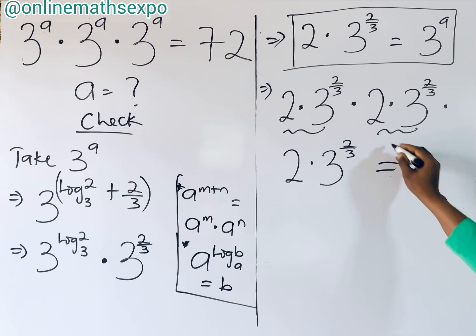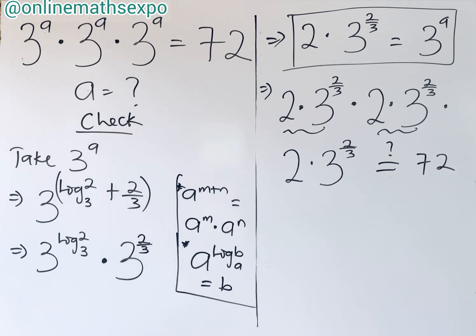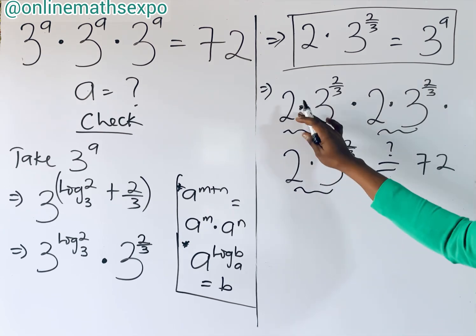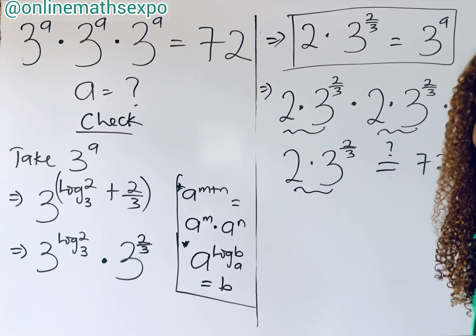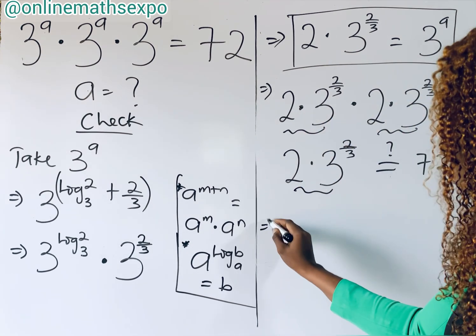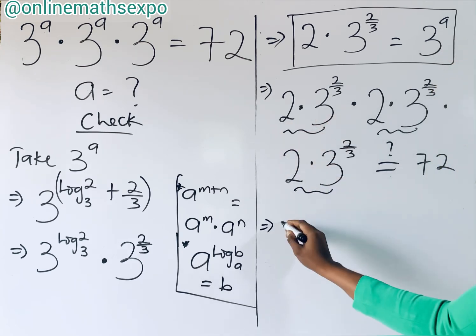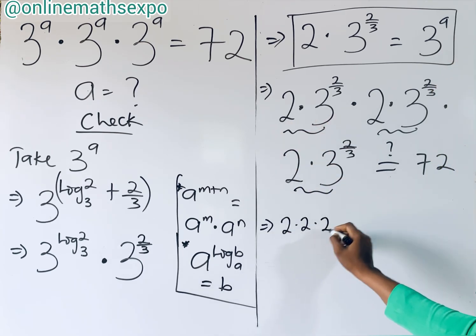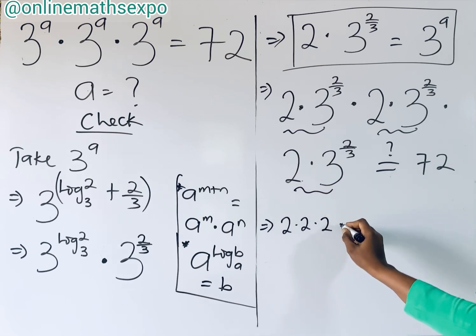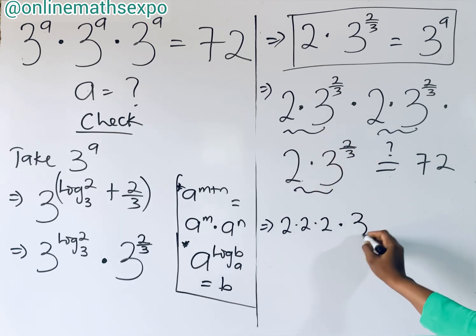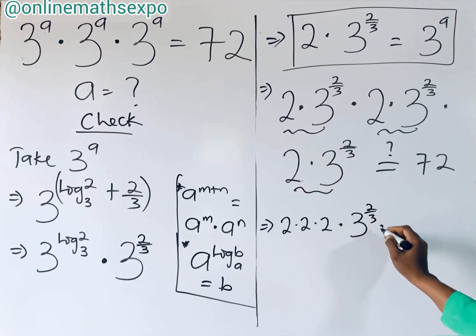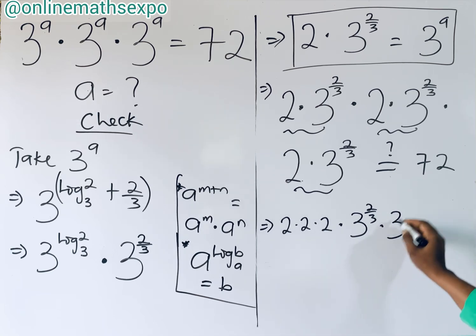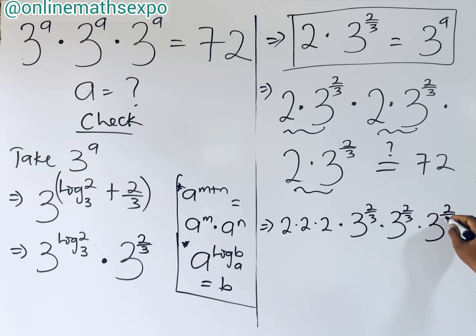Will this be equal to 72? Let's see. Now, what do you think we should do? You observe that these are all multiplying, so we can just gather them together to have 2 times 2 times 2, multiplied by 3 to the power of 2 third, multiplied by 3 to the power of 2 third, multiplied by 3 to the power of 2 third.